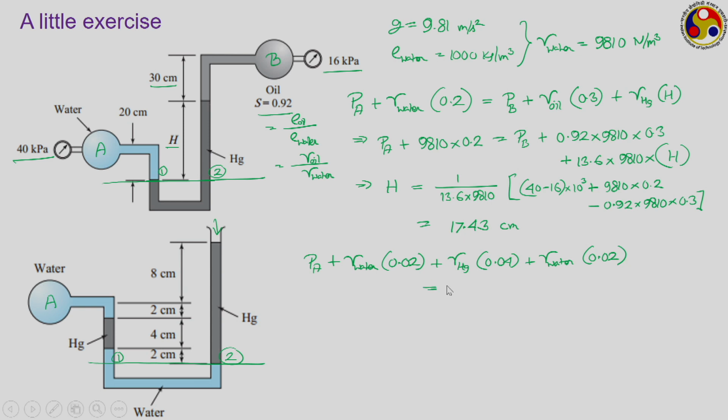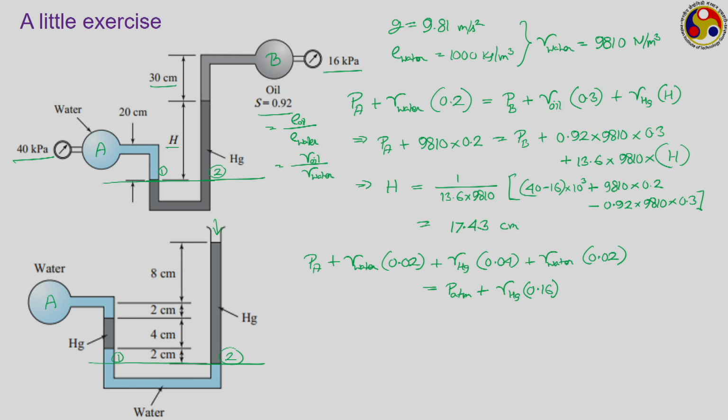How much is the pressure at point 2? On one side you have the atmospheric pressure, plus you are having a column of mercury of this much height, which is given here. So, this is gamma Hg into how much is the height? We have 8 plus 2 is 10, plus 4 is 14, plus 2 is 16, so 0.16.